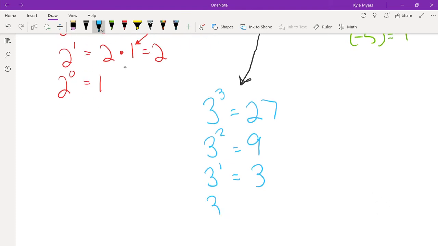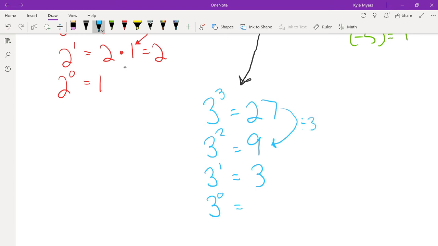And then 3 to the 0 power. We know that's going to be 1, but let's look at why. Now instead of putting an extra value of 1, let's just see what the pattern is. There are 2 main ways I can get from 27 to 9. I can subtract 18, but I couldn't keep doing that to get from 9 to 3, or I could divide by 3.